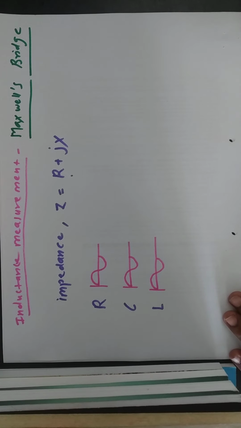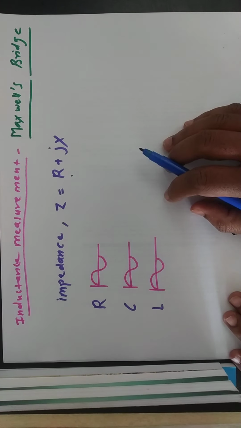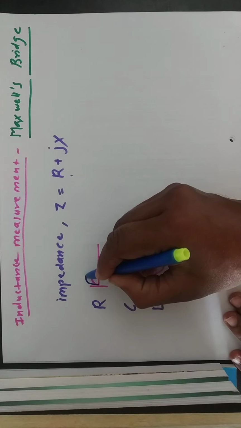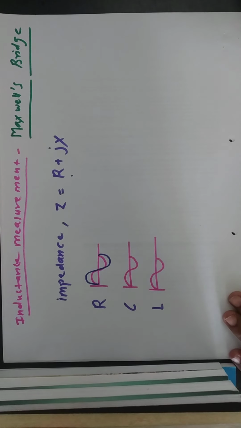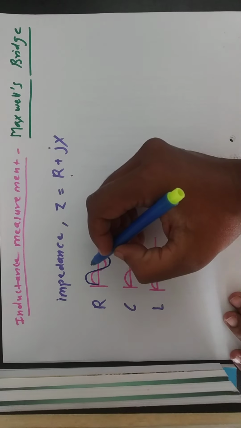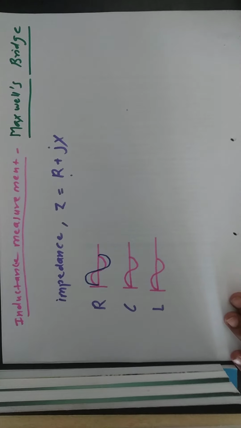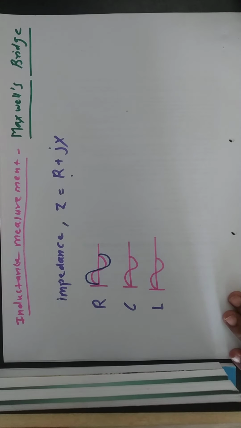If the total circuit consists of only resistive components, then current and voltage are in phase. They can have different amplitudes, but they are in phase.